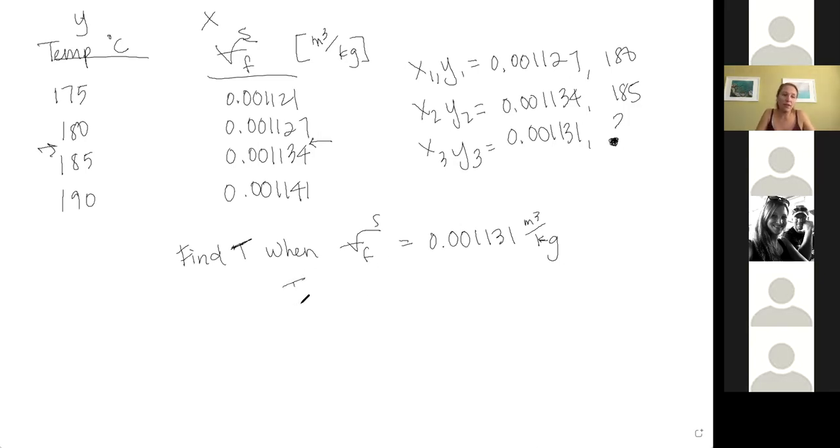For this one, the answer is 182.9 degrees Celsius for this specific volume.